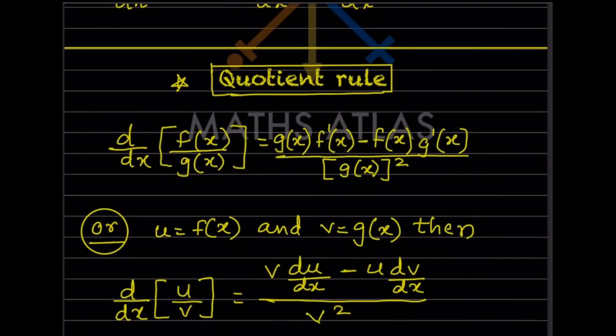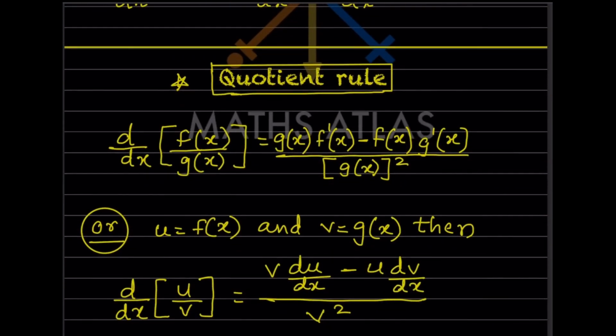So now for the quotient rule, that is d by dx of f of x divided by g of x. So we can consider this as 1, this as 2. So second into derivative of first minus first into derivative of second divided by second square.